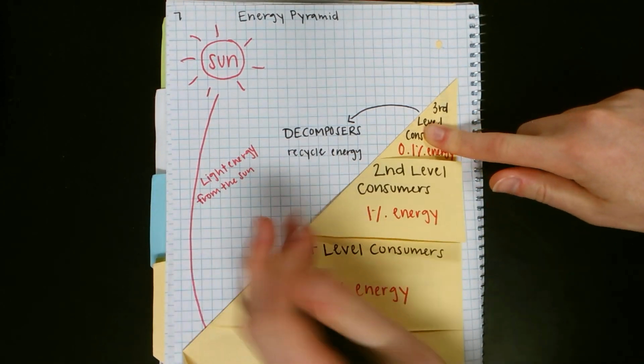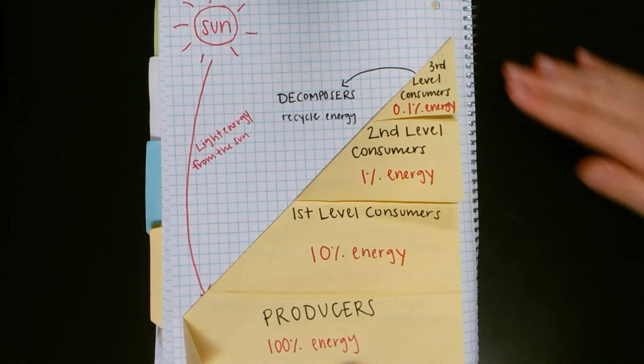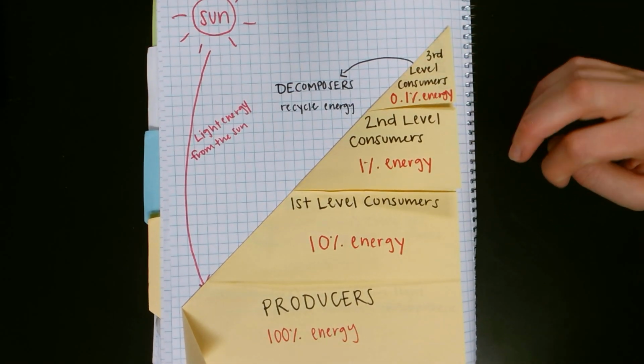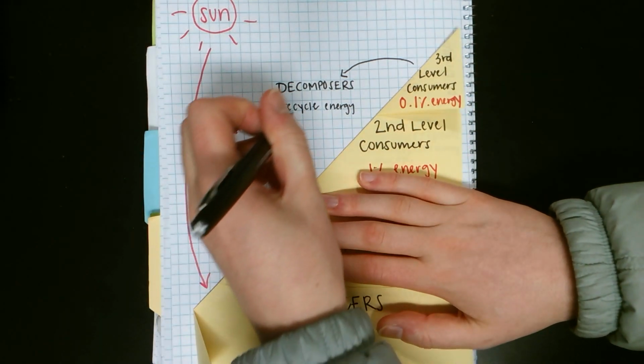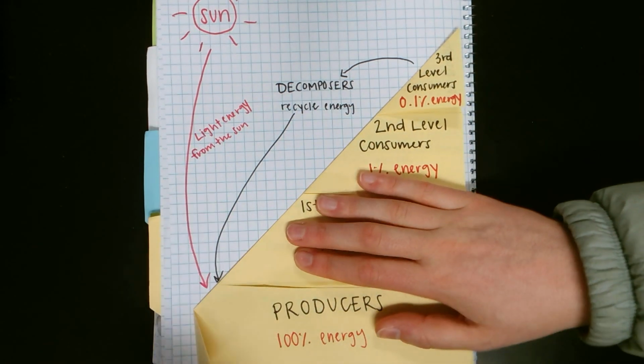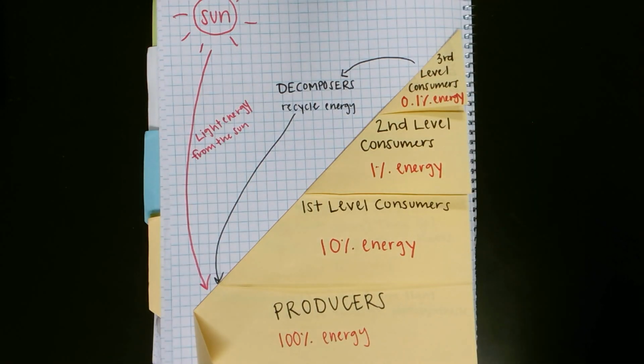Again, it could also be from any of the level consumers. They take it all, but we just need to represent it one time on our pyramid here, and they recycle it, and that sends it right back down to the producers to use. And we see that this works in a cycle.